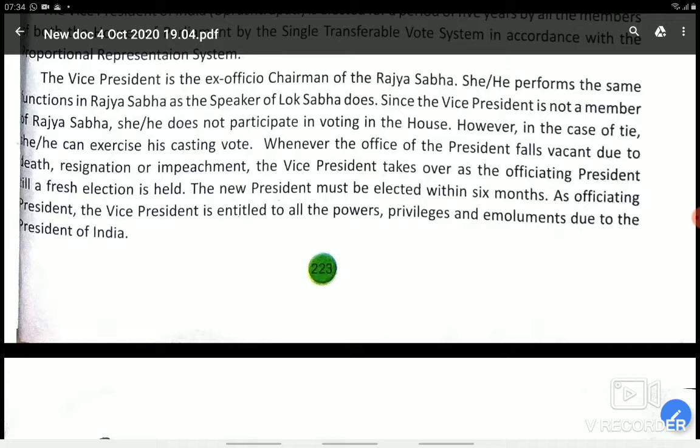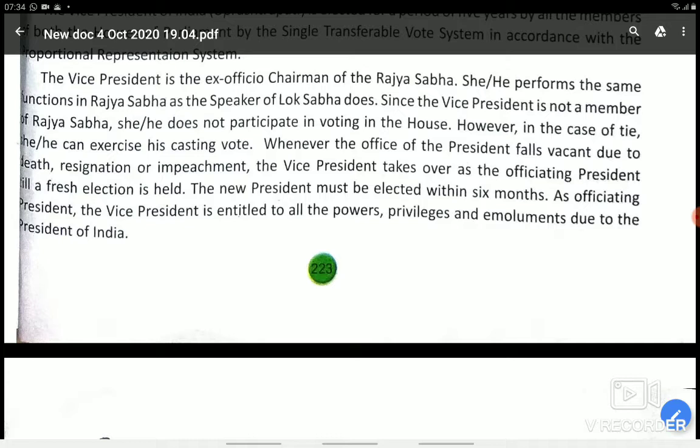Since the vice president is not a member of Rajya Sabha, he does not participate in the voting of the house, but in the case of a tie, he can exercise his casting vote. Only in the case of a tie. Apart from that, he cannot take part.